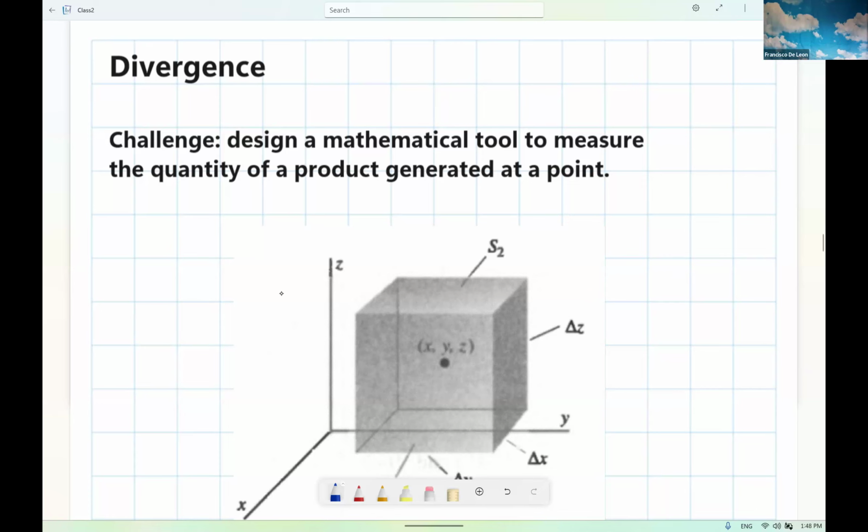I know, at this moment, nothing is being produced here. We are not creating any product of any type. But let's say that you want to design a mathematical tool, based on what we learned, that allows you to measure the quantity of something, call it fluid, force, whatever, that is being produced at a point.